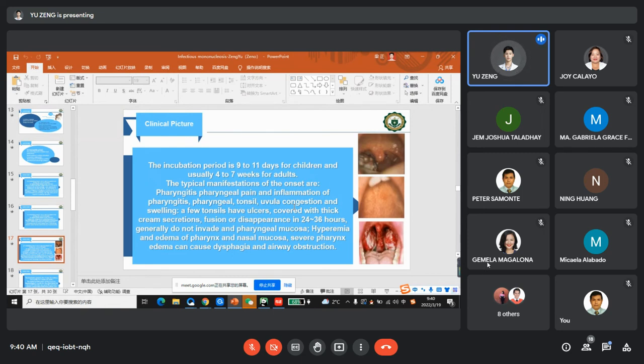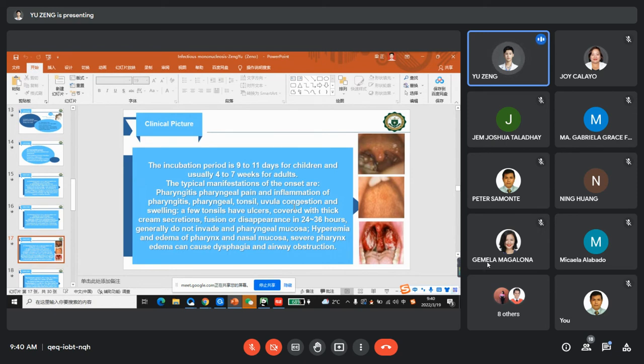The incubation period is 9 to 11 days for children and usually 4 to 7 weeks for adults. And the typical manifestations of the onset are pharyngitis, pharyngeal pain, and inflammation, with pharyngeal, tonsil, and uvula congestion and swelling, as we can see in the pictures at the right side.